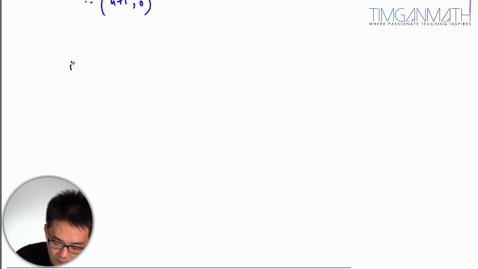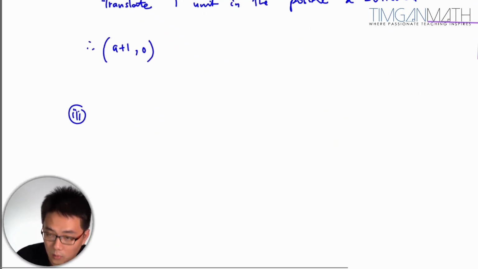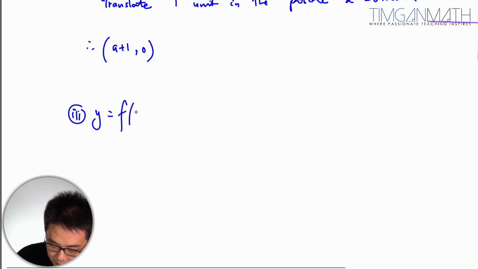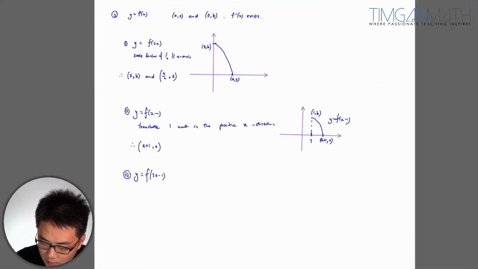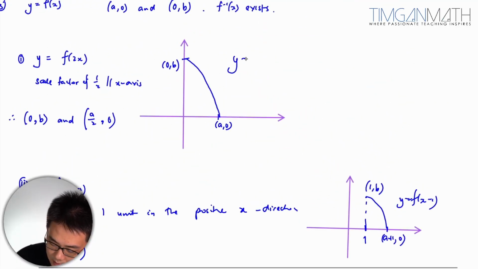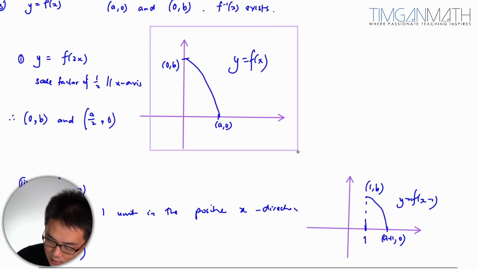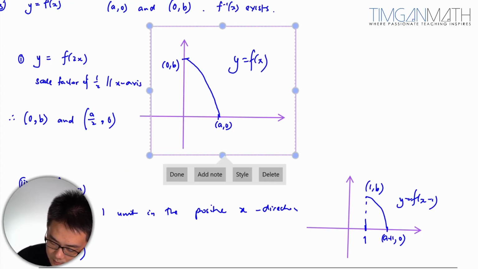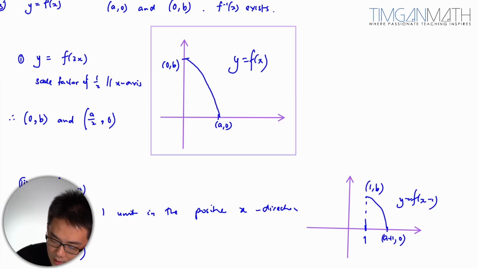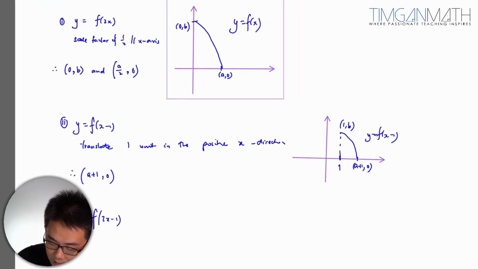We have got y equals f(2x minus 1). So this is pretty okay. Let's say this is y equals f(x). You don't need to draw this in the exam, obviously. You could just write.